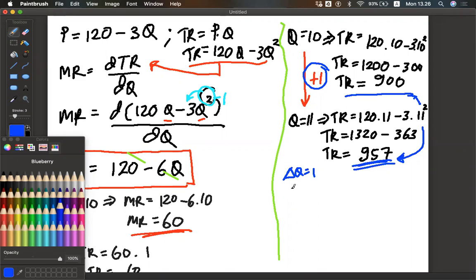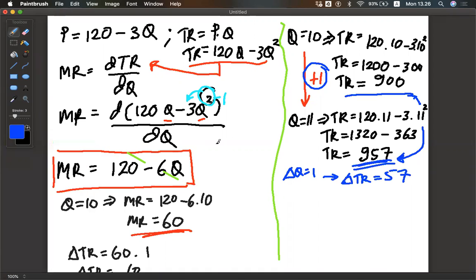So the total revenue will change about 57. So the marginal is actually not exactly the same calculation number, but this gives a brief explanation or estimation about the marginal, about the change.